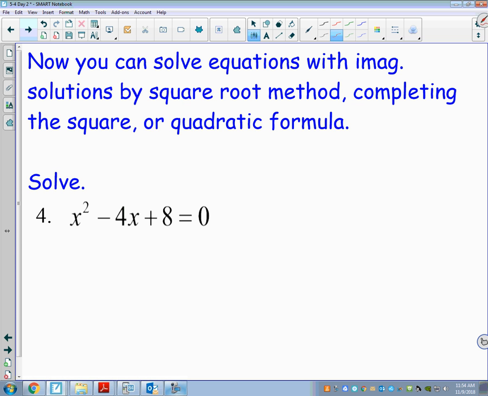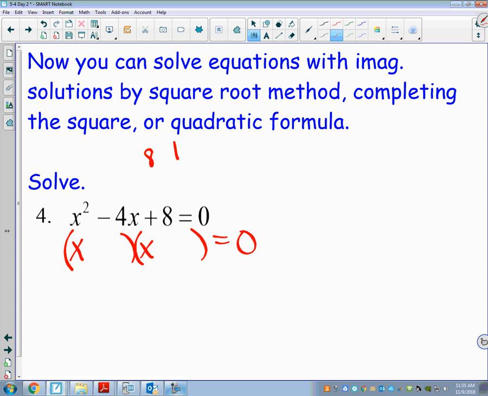So if I say solve this, just like we've done before, if it's factorable, I look at it and say, well, let's see if I can make my parentheses and say what multiplies to give me x squared, x and x. What multiplies to give me 8, that adds to give me negative 4? Oh my gosh, we don't know, right?